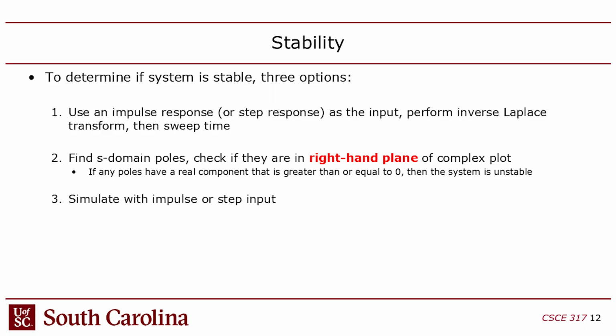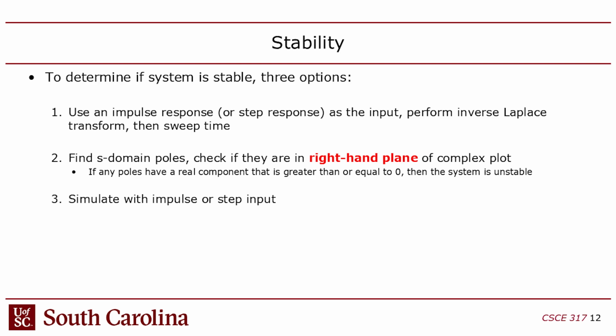And I mentioned in last class, if the poles have any real components, so for each of the poles, because remember s is a complex number, if the real component is 0 or positive, then it's unstable. It's an unstable transfer function.